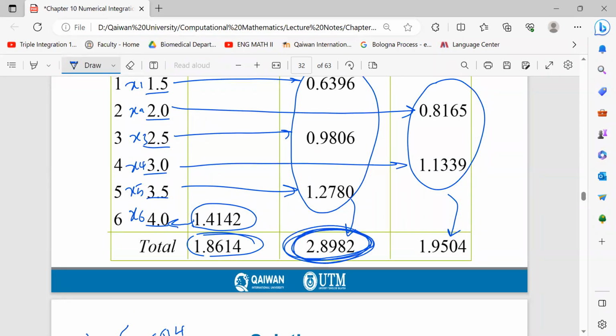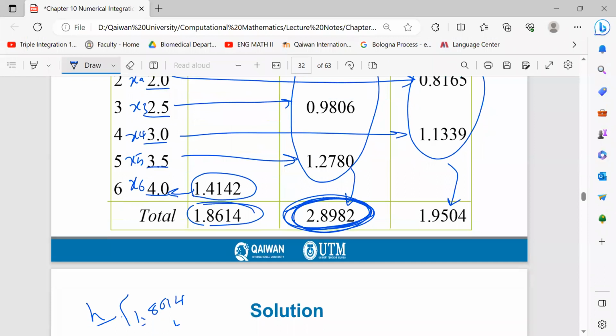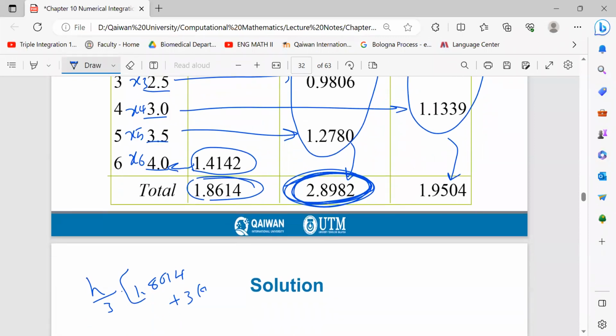These are the odd ones. It's the sum of odd ones. We multiply these by 4, plus 2.8982, plus 2 times the even ones. Okay? The last column is the sum of all even ones.